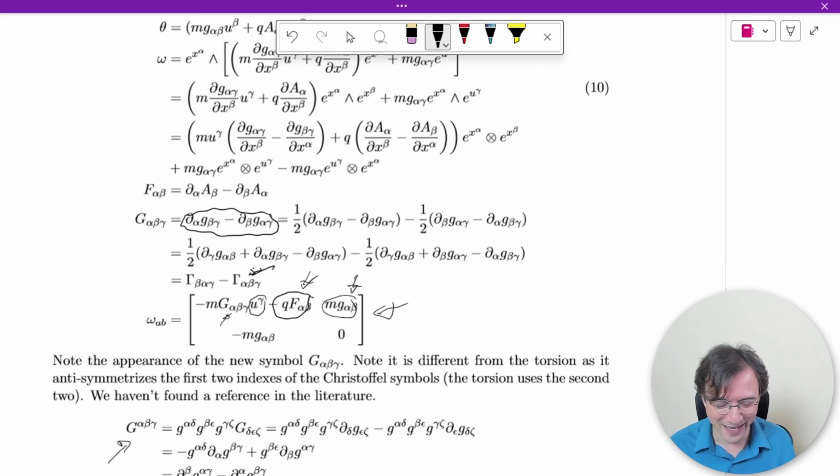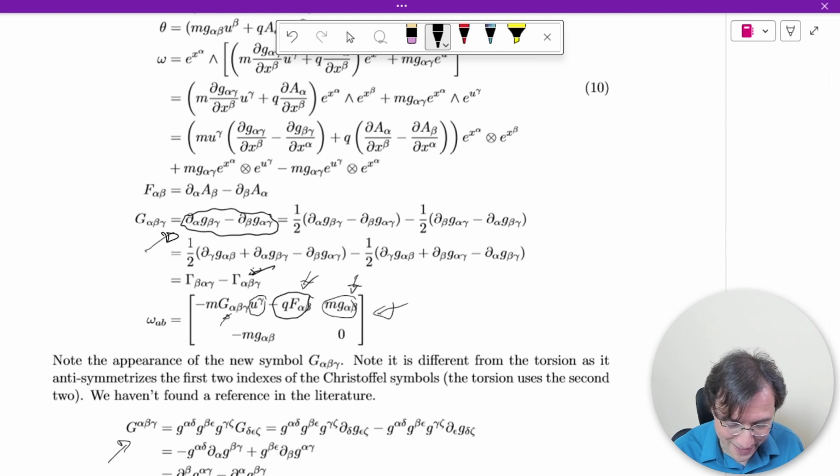In fact, if you take the reference frame of a spinning frame, the metric tensor of a spinning frame, and you calculate, you do find that the G alpha beta gamma is non-zero, right? So it's not a tensor, because this is clearly zero if you are in Cartesian coordinates in an inertial frame, because everything is a constant, so the derivatives are all zero and all the elements are zero. It can't be a tensor because in one reference frame everything is zero, but in another frame not all the elements are zero.